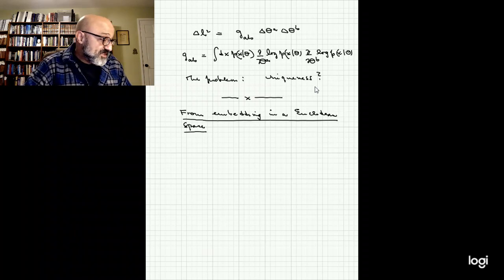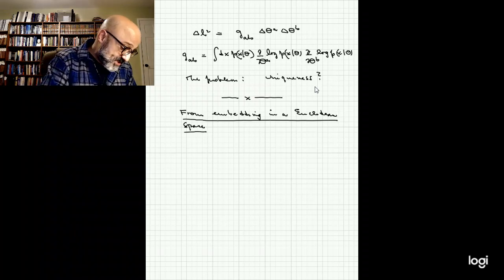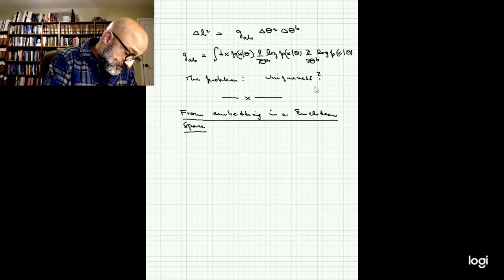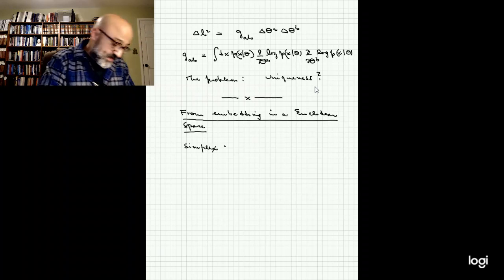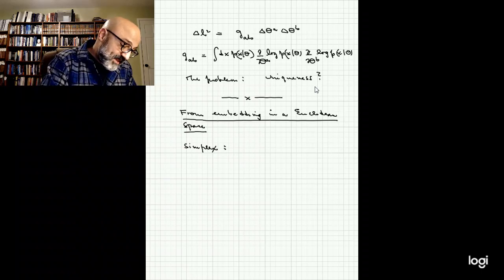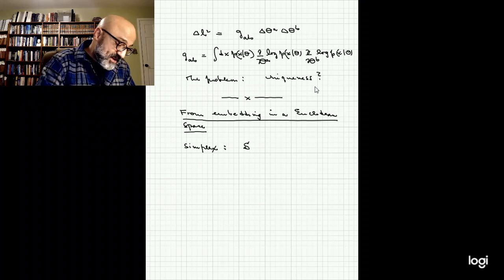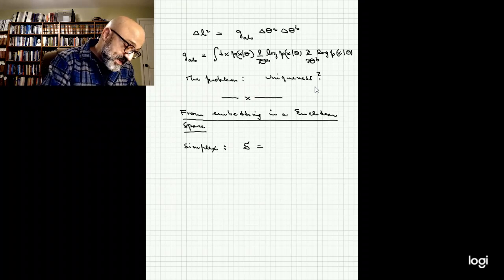a space of discrete probabilities. So suppose that you have a simplex. The simplest is the simplex. Let's write our simplex here. This is the space of all probability distributions.